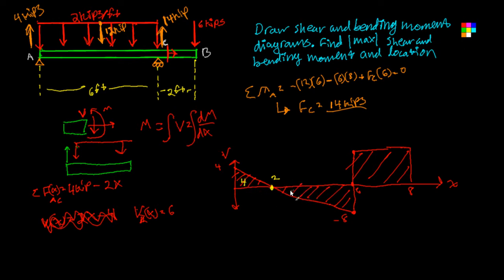Okay, now from 2 to 6 is 4. 4 times -8 times 1/2 is -16. Alright, and up here we've got simply 6 times 2, so 12.